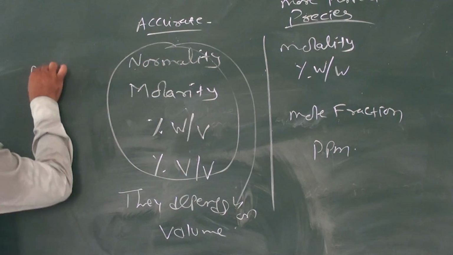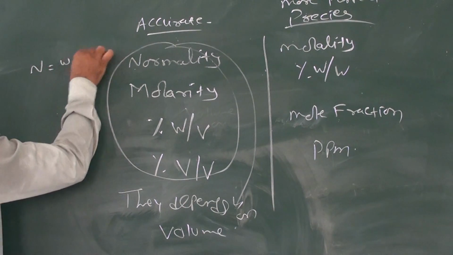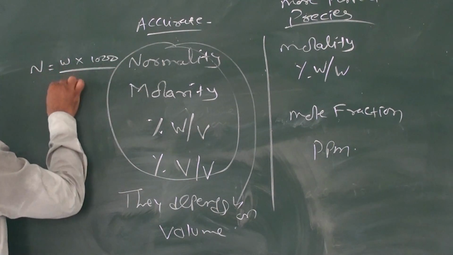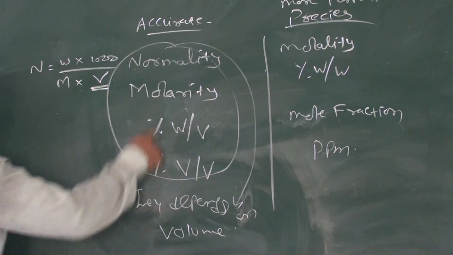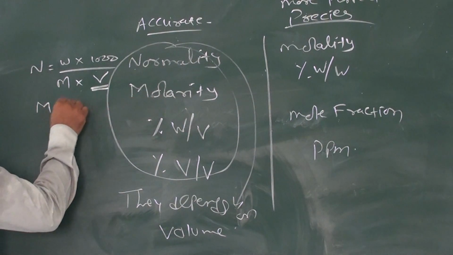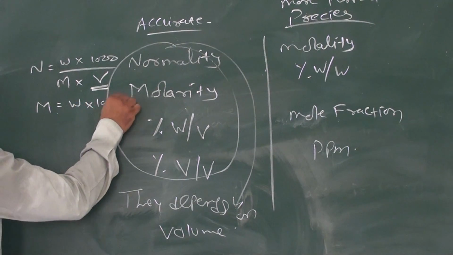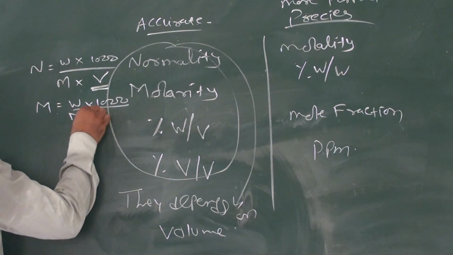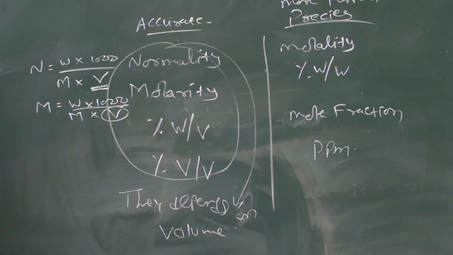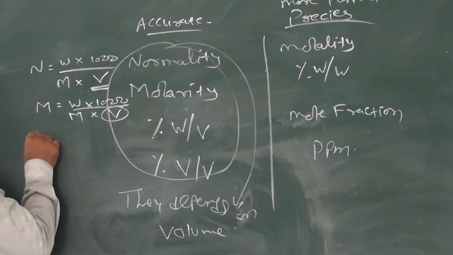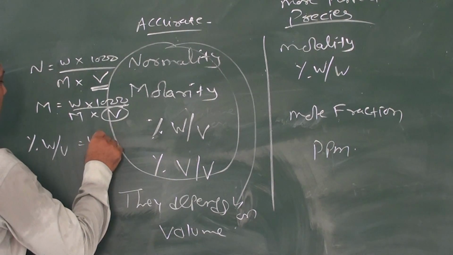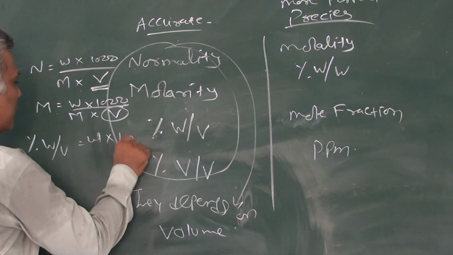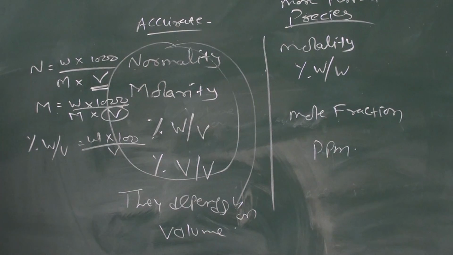In normality, it's weight into 1000 by molar mass into volume. Similarly, for molarity, we write weight into 1000 by molar mass into volume. Here, percentage of W by V means weight into 100 by volume.